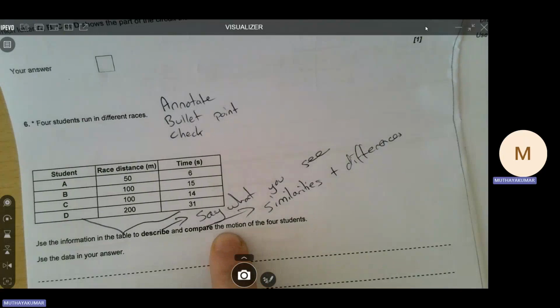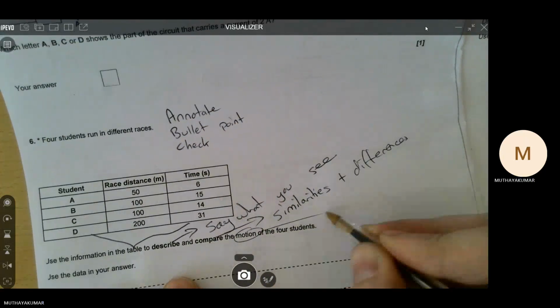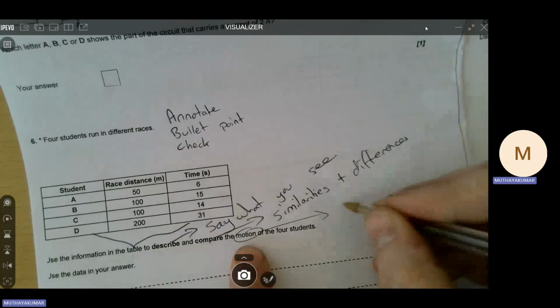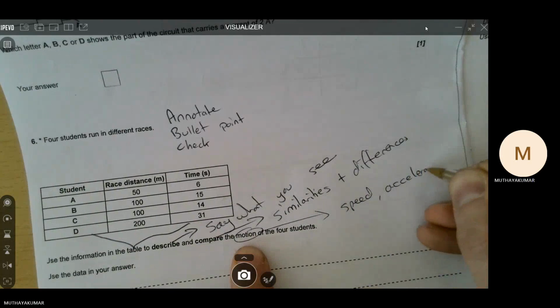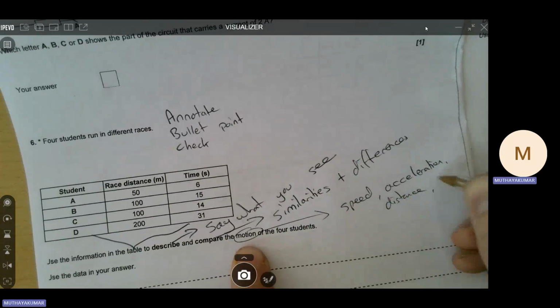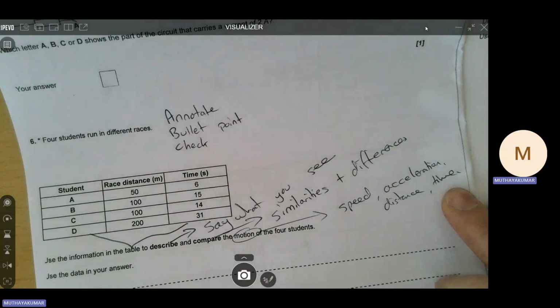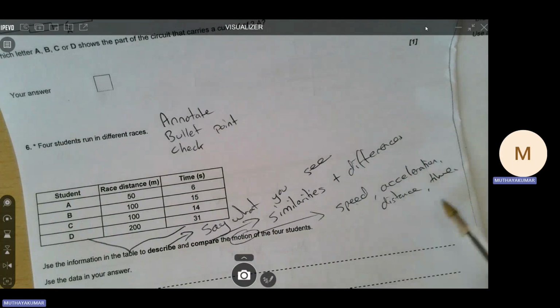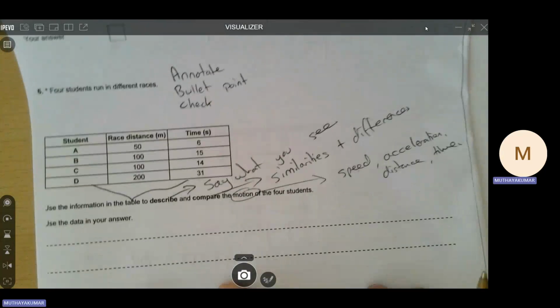So use the information to describe and compare the motion. What do we mean by motion? That could mean speed, it could mean acceleration, it could mean distance, and that is all going to be related to time. So potentially we need to do all four of these. So what can we say?